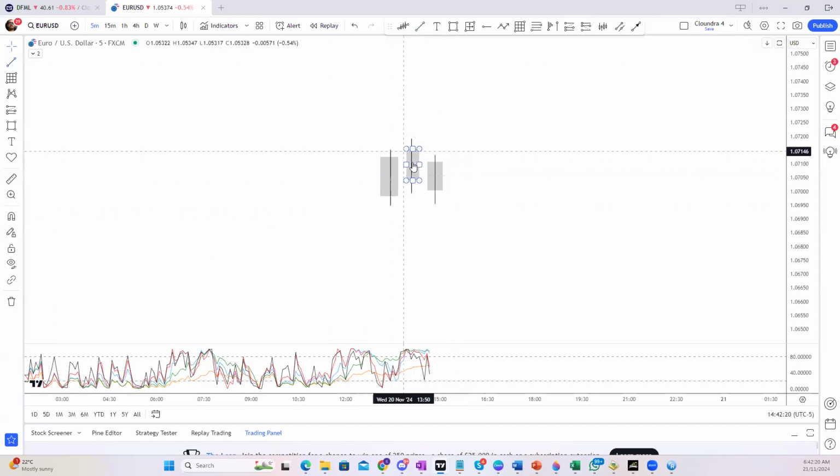Now, just one thing I want to mention here. If the second candle takes the liquidity or the high of the first candle by the wick, that indicates that institutions want to bring the prices down.